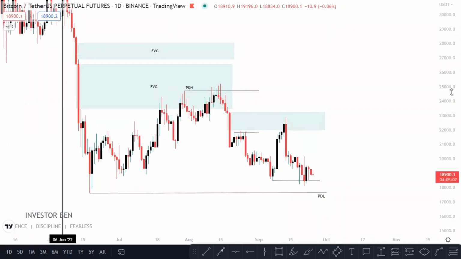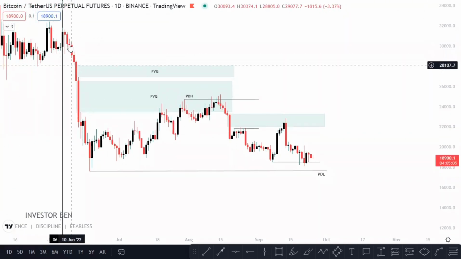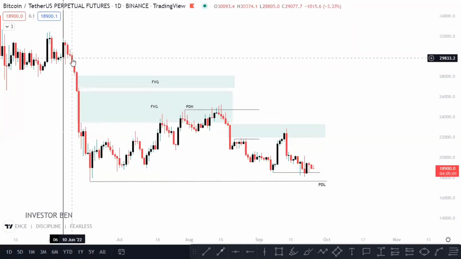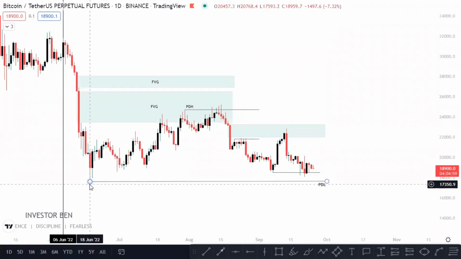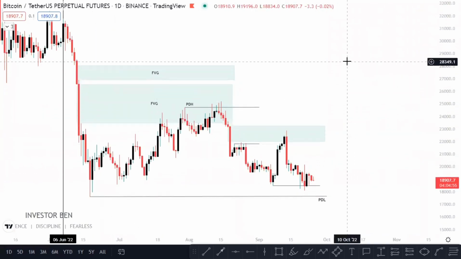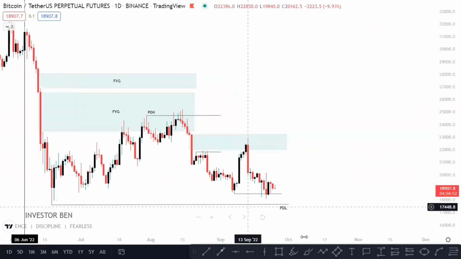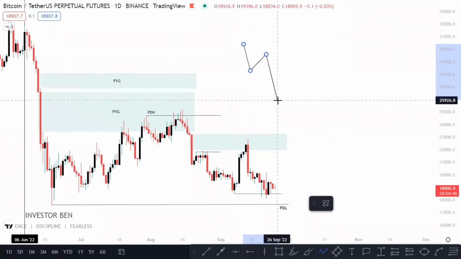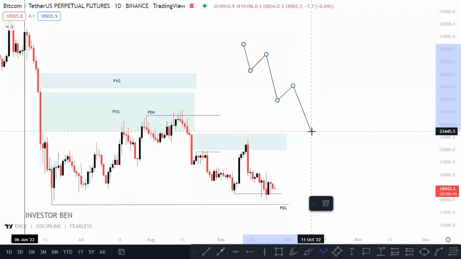Let's get started. So we have price coming down from this downtrend. We are on an impulsive downtrend, these are impulsive moves to the downside. If you are trading, whenever you try to make a trade from a supply zone, let me give you another hint before I continue.